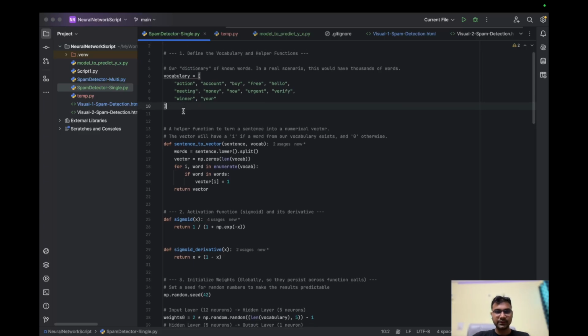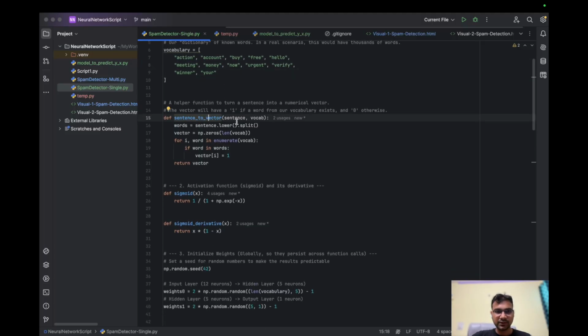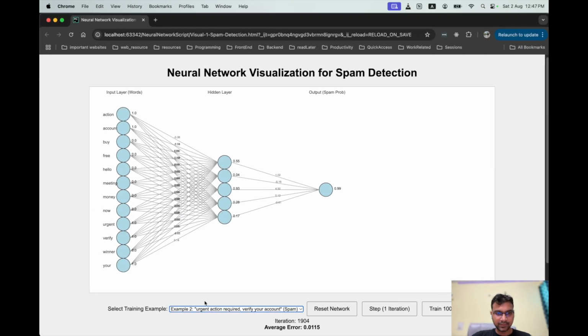I have taken the vocabulary as 12 words here, but this can be thousands of words. So the sentence will be converted into this vocabulary vector. The example that we are taking is: urgent action required verify your account.